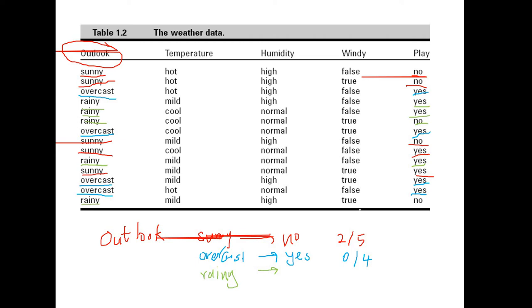Last one also we have rainy, we have no. So that means we get yes, yes, no, yes, no.